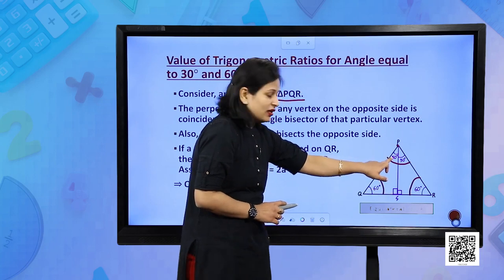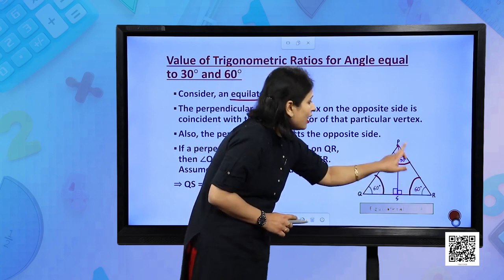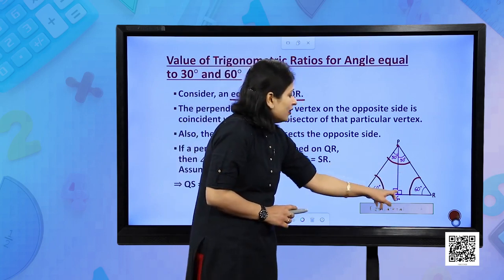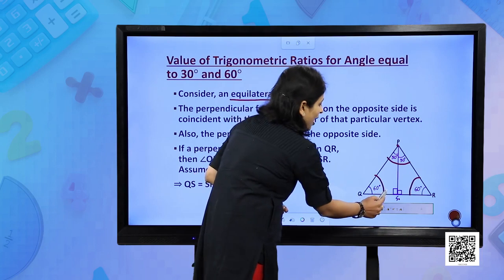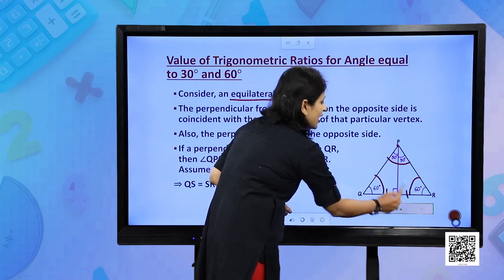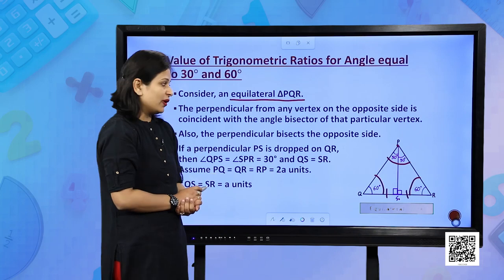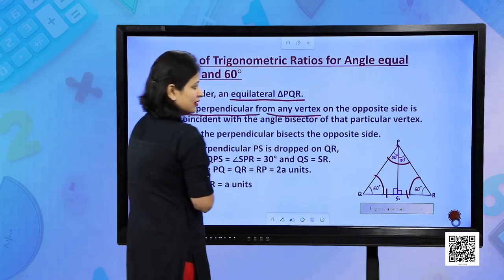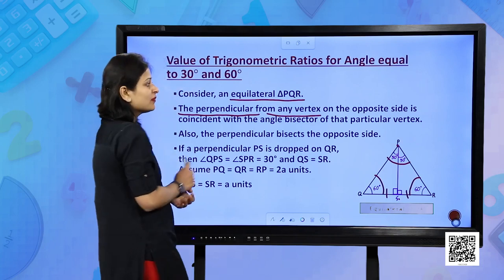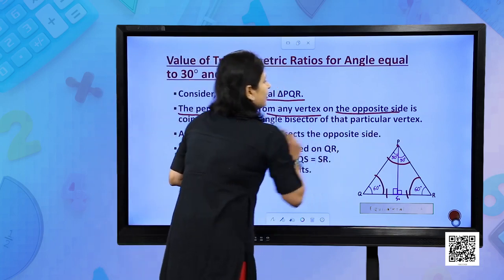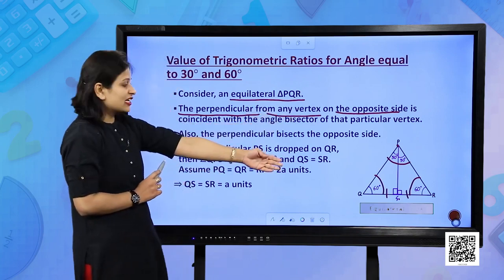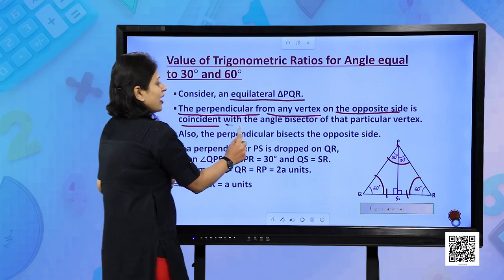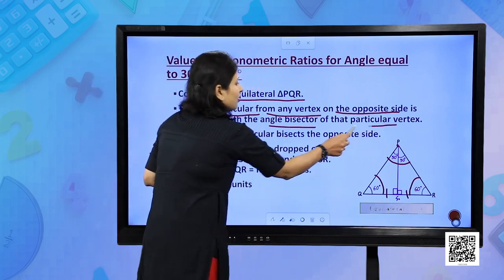QPS angle is of 30 degree, angle RPS will be 30 degree, and this will also bisect QR. So, QS and SR both are equal. So, the perpendicular from any vertex, we have taken the vertex P, on the opposite side of vertex P, which is QR, is coincident with the angle bisector of that particular vertex.